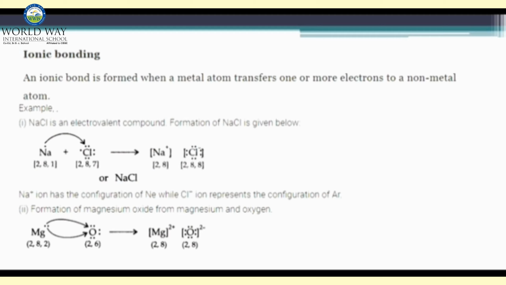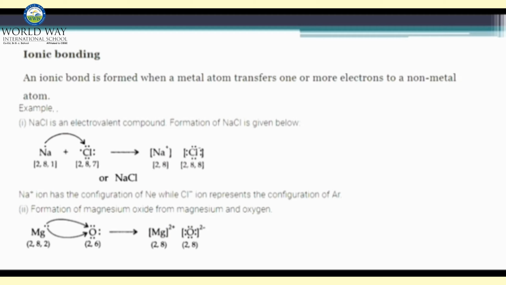Now let us understand what is an ionic bond. It is a kind of bond formed when a metal atom transfers one or more electrons to another atom which is non-metallic in nature. For example, if we take NaCl as the electrovalent compound, during ionic bond formation, according to the electronic configuration of sodium, that is 2,8,1, the last electron from the valence shell gets transferred to the chlorine atom.